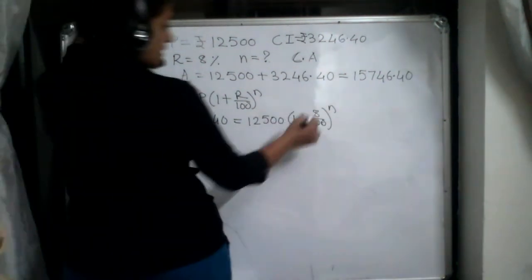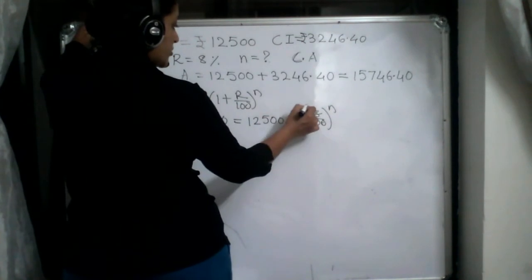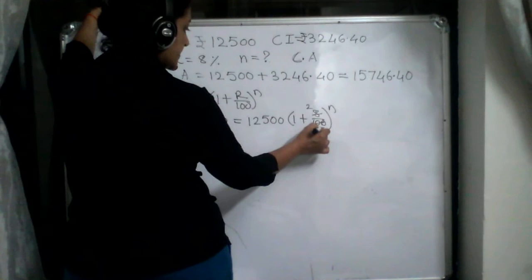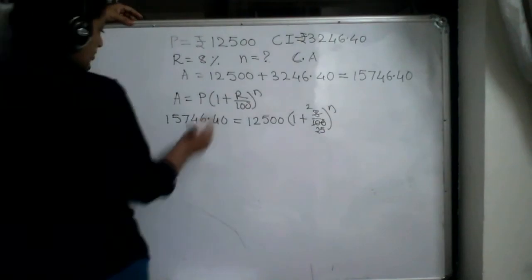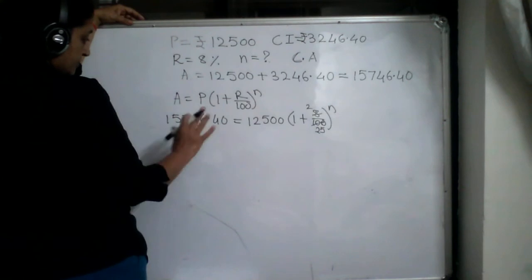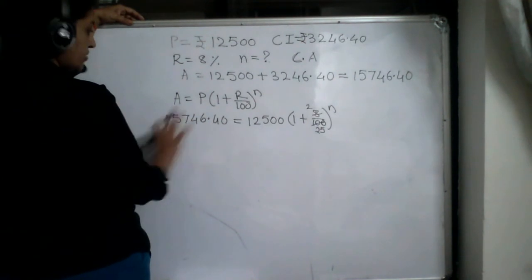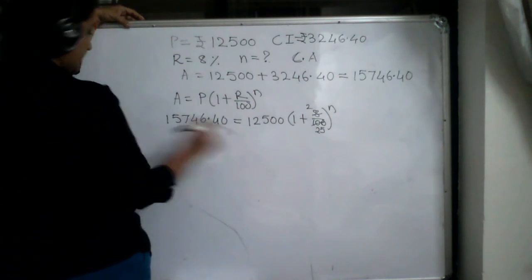Now simple calculations have to be carried out quickly. 4 2s are 8, 4 25s are 100. Now if you write this number in fraction, how will you write it? 1574640 upon 100.